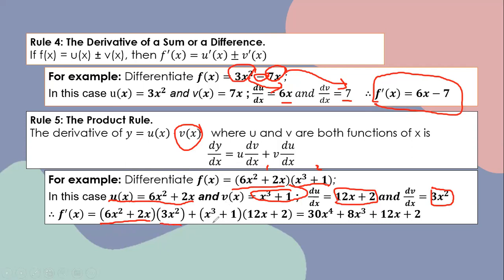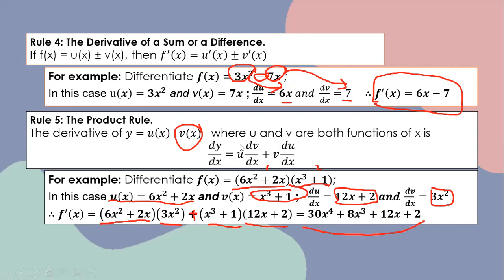We got plus, i-add mo. Okay, sa v naman, v of x, multiply naman sa derivative ng u or yung katabi niya. Okay? So parang partner-partner lang. Simplifying our derivative, we get 3x to the fourth plus x cubed, 8x cubed plus 12x plus 2.